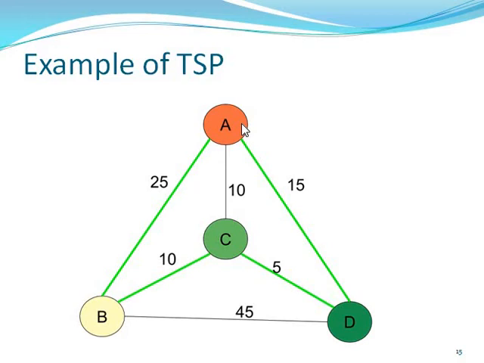You can say that A to B is only one path, so the distance is 25 cost. But B to D, if you go directly from B to D, then the cost or time duration is 45. For cost, you can say that this is one cost, the maximum. But if you go from B to C, and then after that from C to D, then the cost is 50. So this is the basic algorithm and functionality of logistics applied to TSP problems.